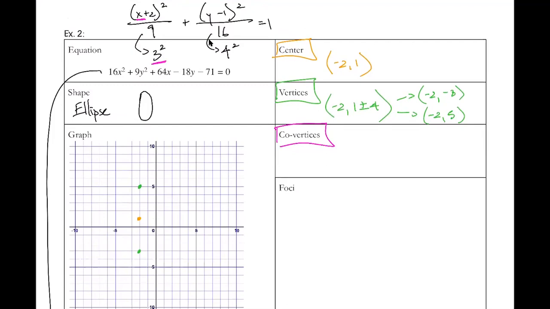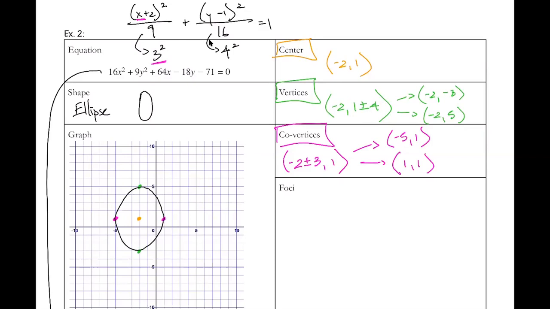Or graphically, from my center, I'm going to go 3 to the right and 3 to the left. So -2 plus or minus 3, comma 1. That gives us (-5, 1) and (1, 1). And now I have all the points for the outline of my ellipse.